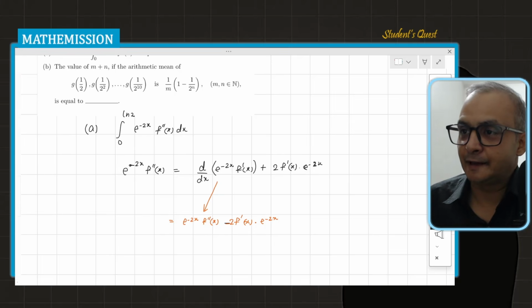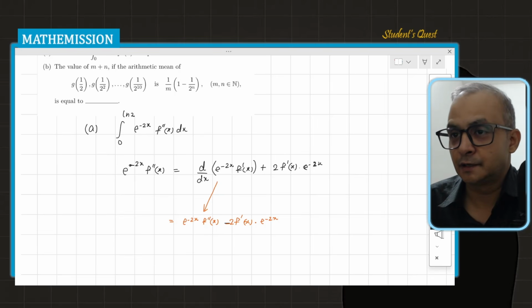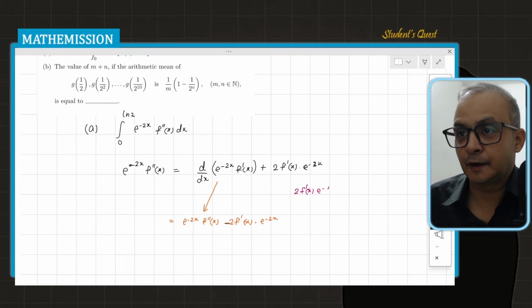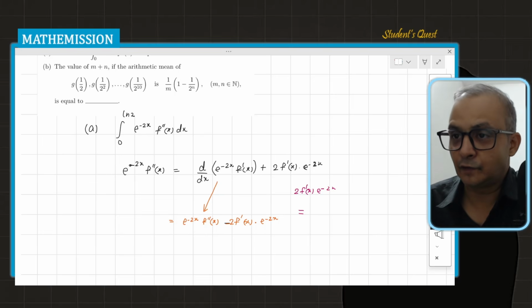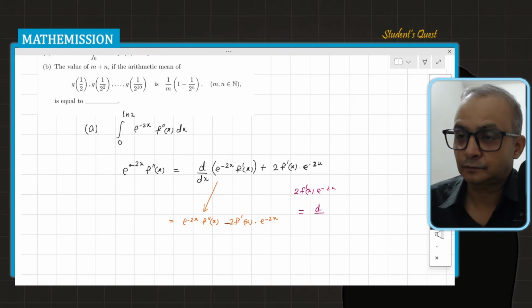So now notice again that I'm taking this part, so this is over already, so I'm taking this part, twice of f'(x) e to the power minus 2x, and I'm writing the derivative of 2 times f(x) into e to the power minus 2x.